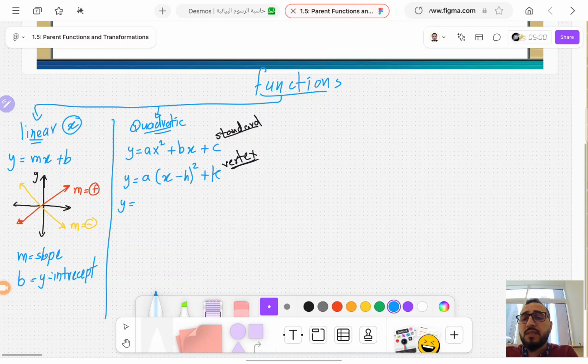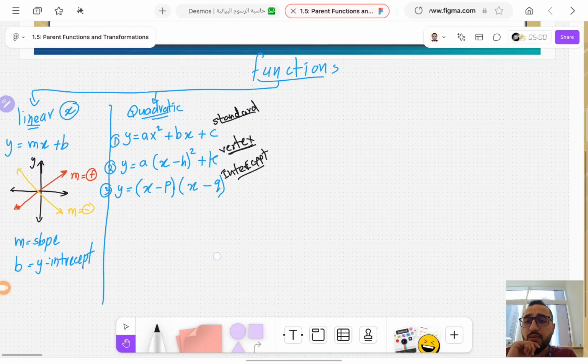The third one, which is not common for all students, we call the intercept form: (x minus p) and (x minus q). p and q can be any numbers. So as you can see, we have 3 forms for graphing a quadratic: the standard, the vertex, and the last one, the intercept form, or the factored form.